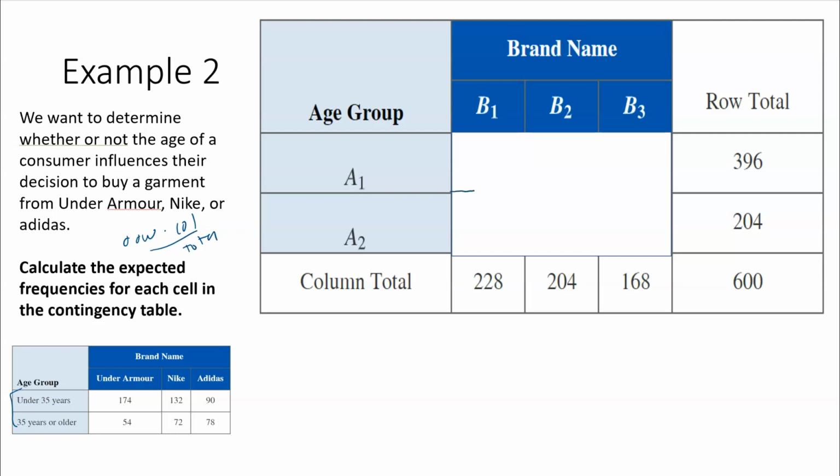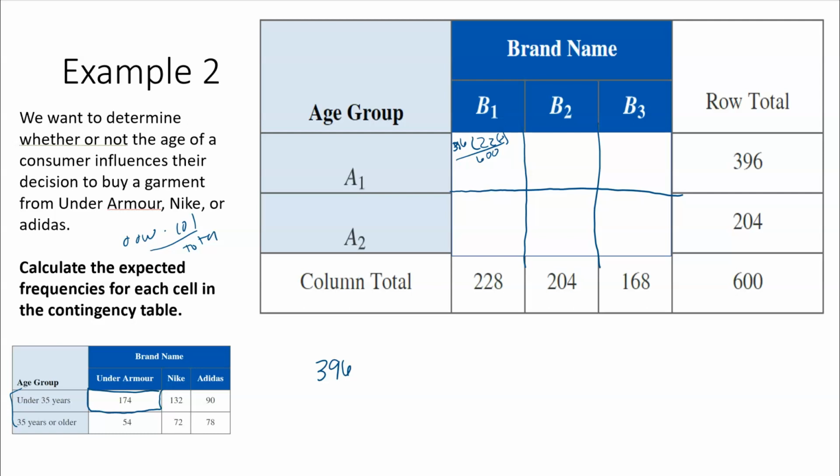So here, A1, this row, I want this one first. The row total is 396, and I can put it in here so you can see. 396 times the column total, 228, divided by the total, 600.